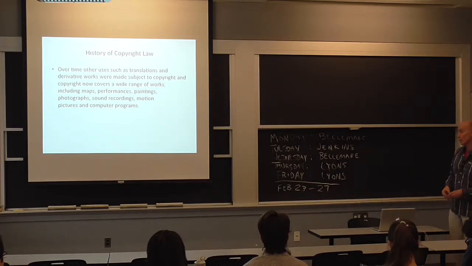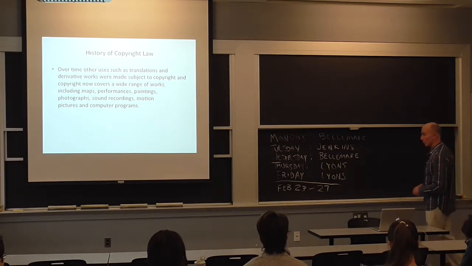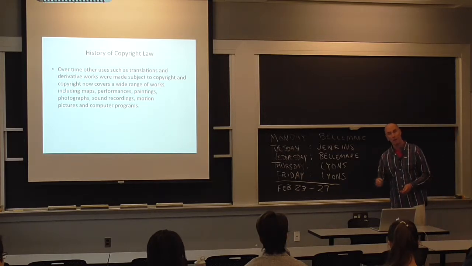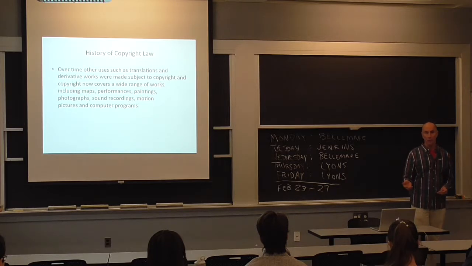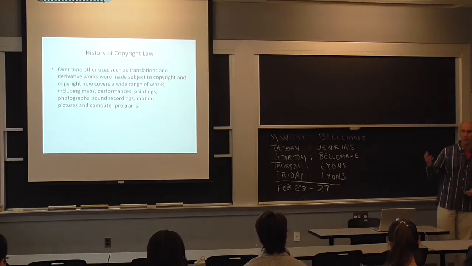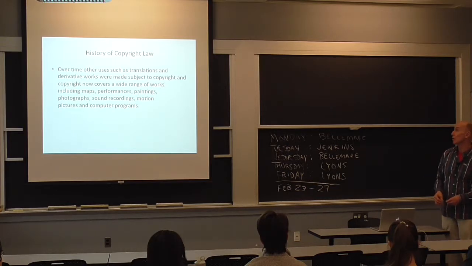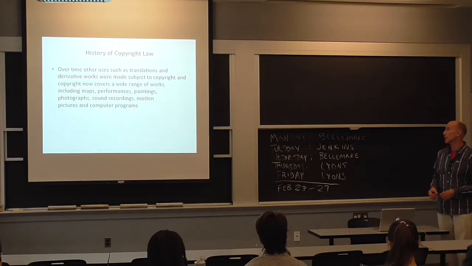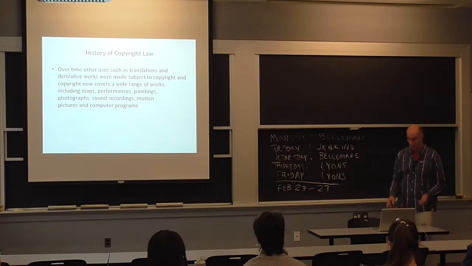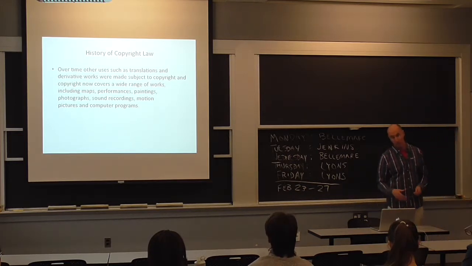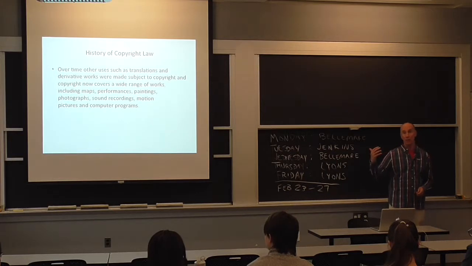And eventually, of course, people became concerned with more than just manuscripts reproduced on the printing press. Now copyright covers a wide range of works, as we've discussed: maps, performances, paintings, photographs, sound recordings, motion pictures, computer programs, and a million other things. But its origin has to do with the printing press and its invention.